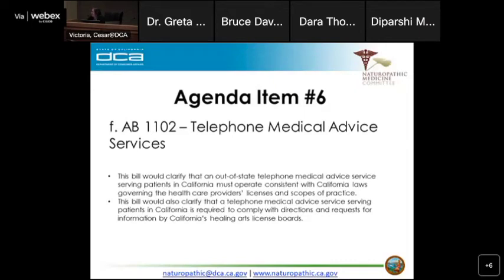Do you know anything more about that? I would imagine that there was an uptick in some challenges during COVID with the increase of telemedicine being used. So I believe that this was just put there to ensure that those that are providing those services to our patients here in California are meeting the requirements.